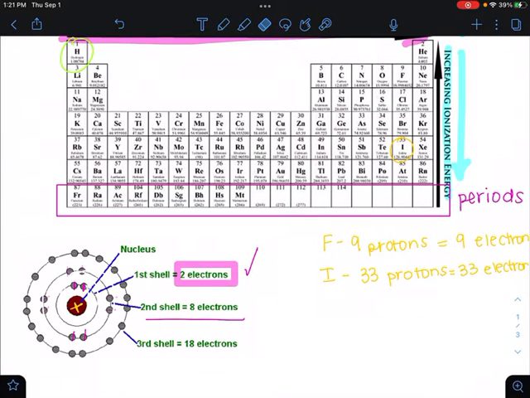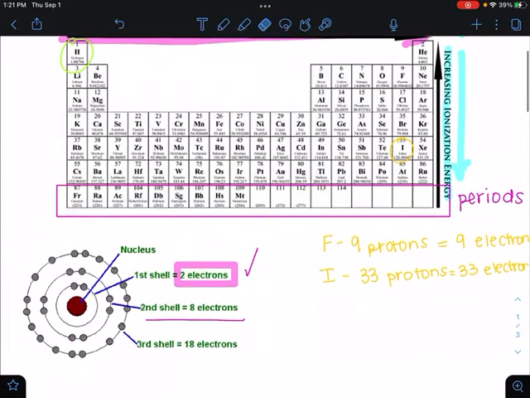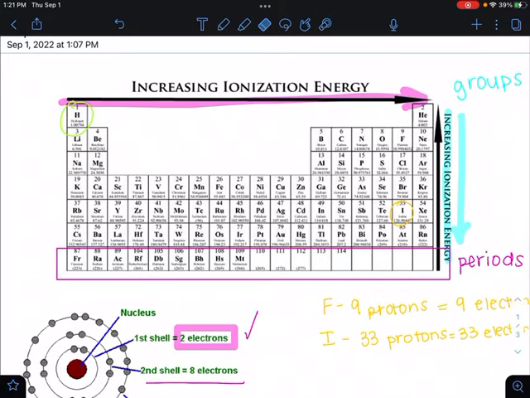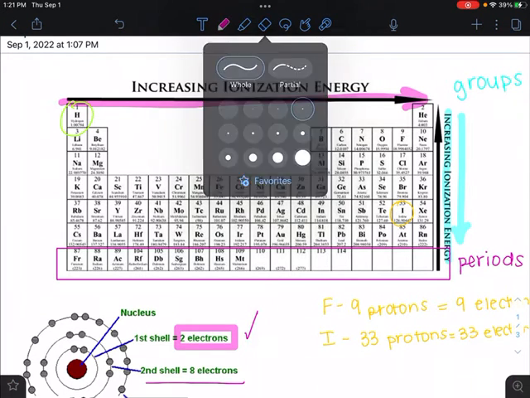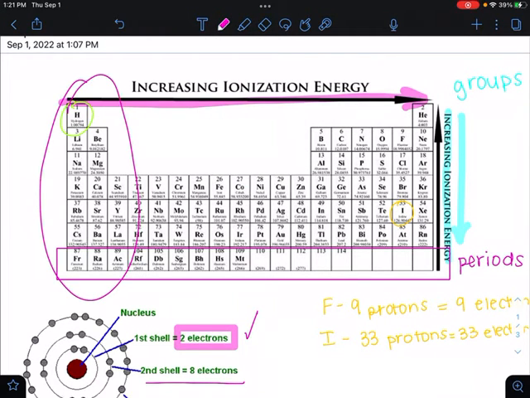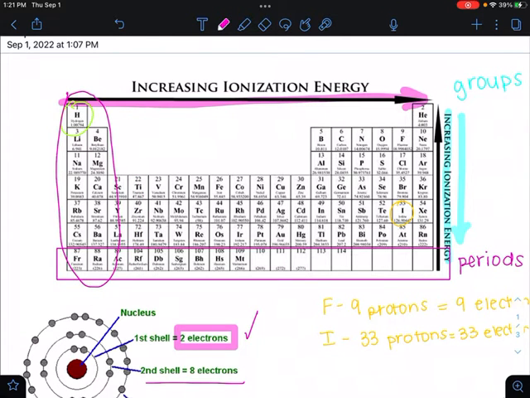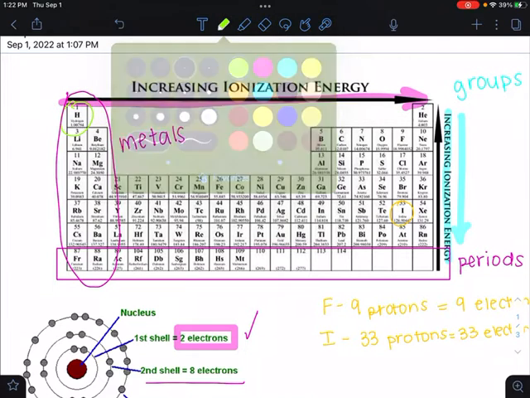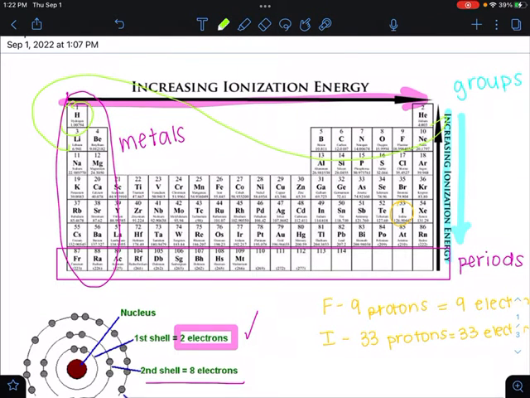So, like I told you, you only want to really focus on the metals, which are these first two groups. Remember, groups go down. Those are the metals. Metals want to become the previous noble gas because they are most stable.